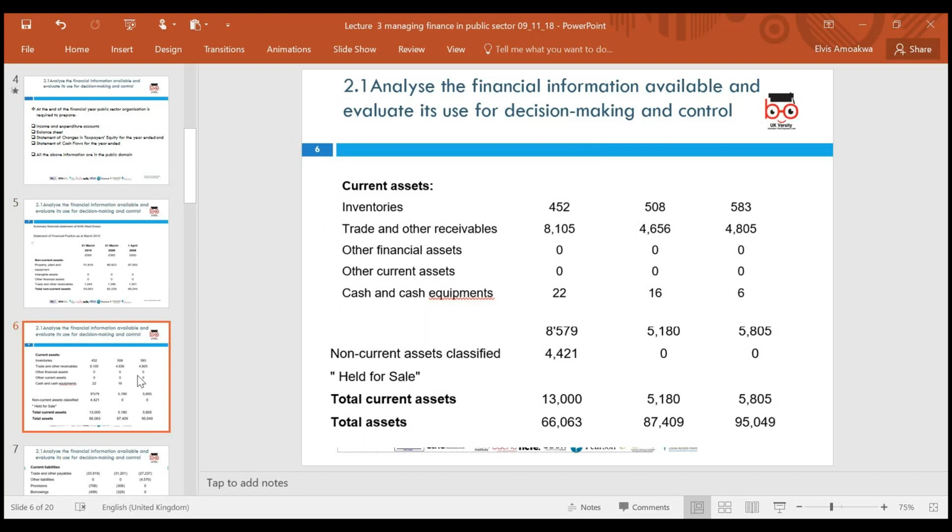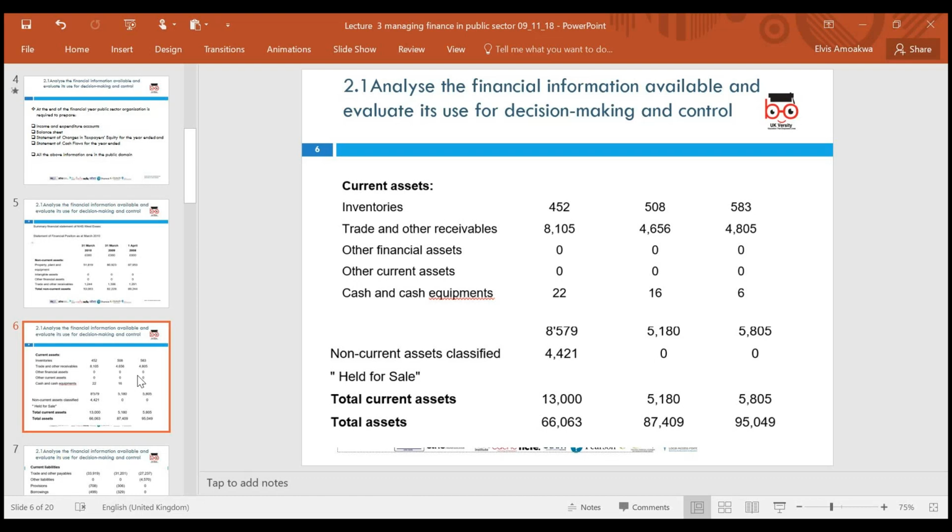So total current assets for 2010 was 13,000, 2009 was 5,180, and then 2008 was 5,805. So total assets for each year: 66,000, 87,000, 95,000.